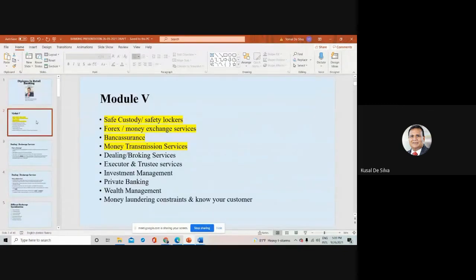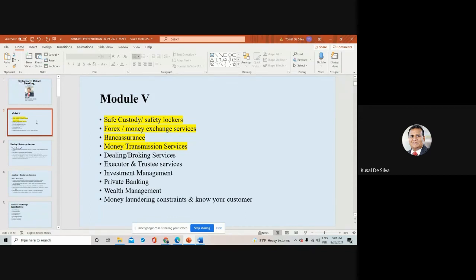But the expectation of this diploma is to give you insights into what services are available to generate fee-based income for banks. As I mentioned to you before, banks' profitability is shrinking, because the way a bank makes profit is the difference between what you pay for deposits and what you get from lending. Those margins are shrinking day by day.